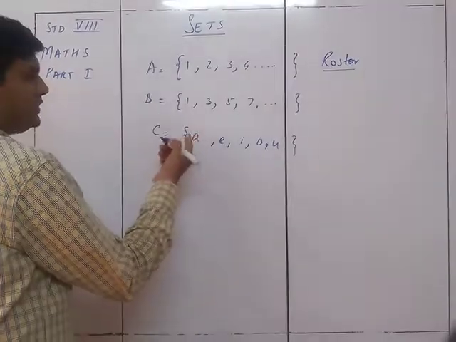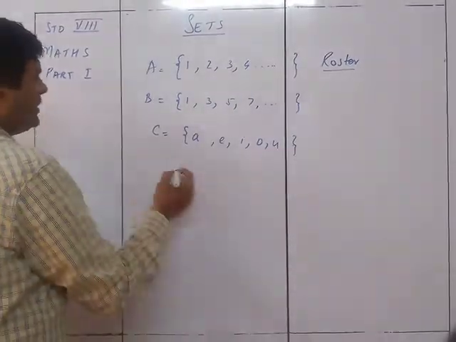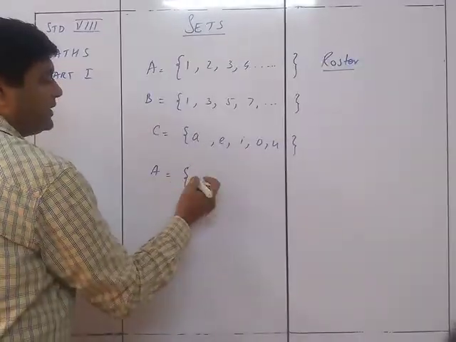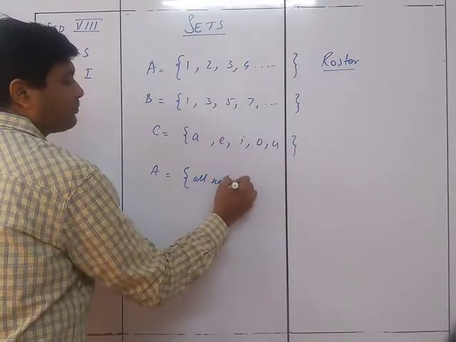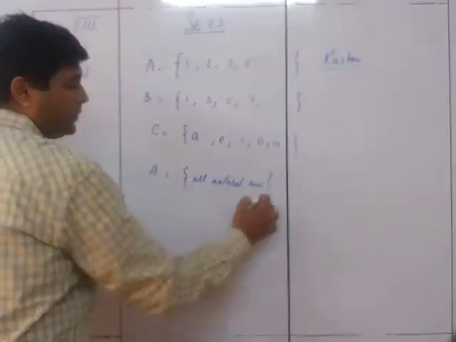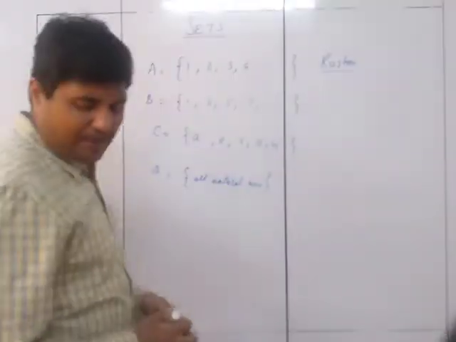For example, we can write A is equal to all natural numbers. So this can be just an example.